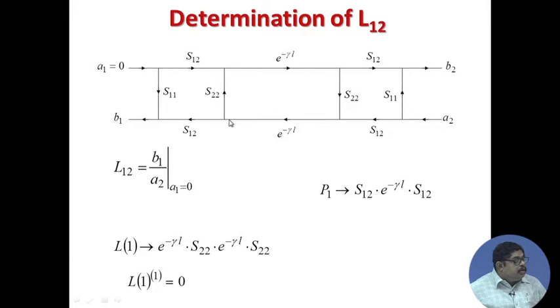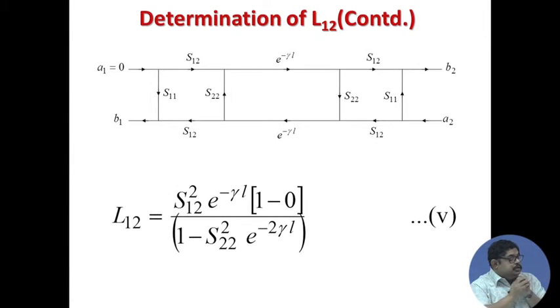I can go here, I will get stuck. So, there are no other paths. And is there any loop? Obviously, this loop we have seen last time also, L1 is there, but L1 is touching this loop. So, in this case L11 will be 0. So, this is our value of L12.